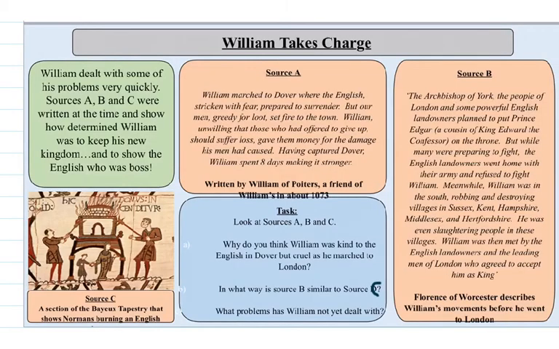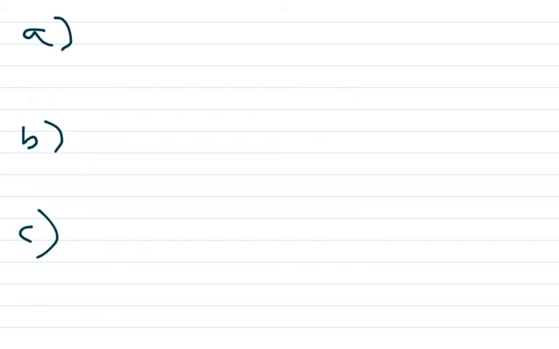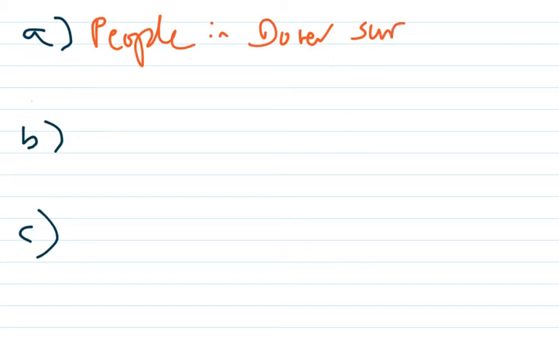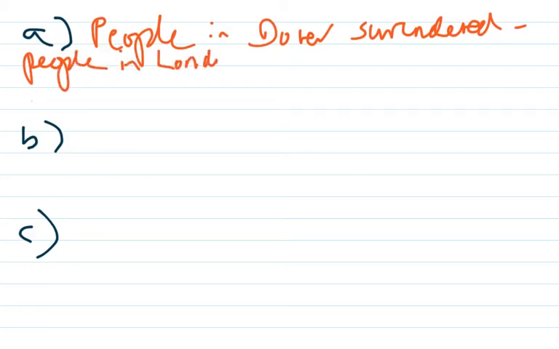So, hopefully we've completed that. Task 8, why do you think William was kind to the English in Dover but cruel as he marched to London? So for this one, I would go with the people in Dover surrendered, but the people in London wanted to remove him.